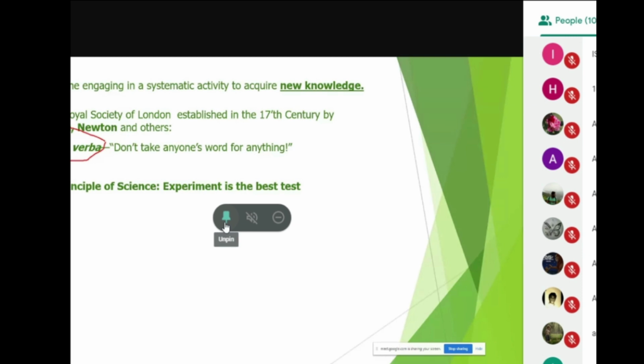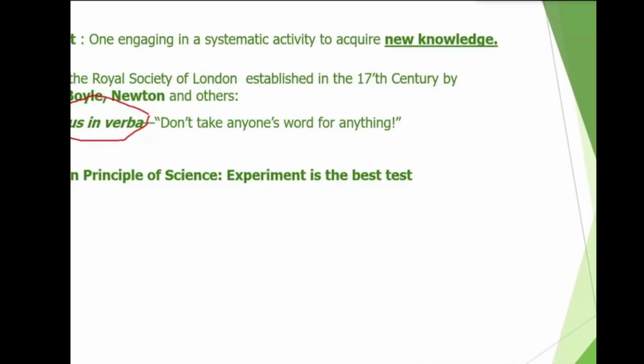And the main principle of science is that the experiment is the best test. So anything that anybody is trying to make a remark about, the most important aspect is to test it out and make the test as rigorous as possible so that the truth comes out of it. And that's where the research methodology gets stronger and stronger.